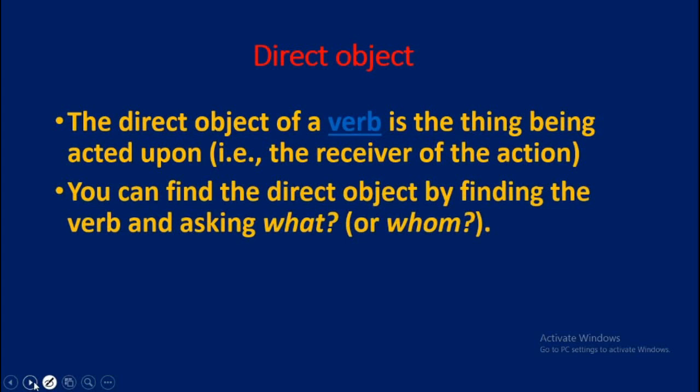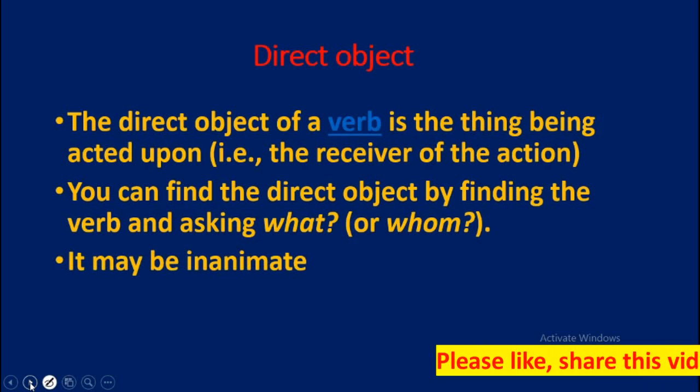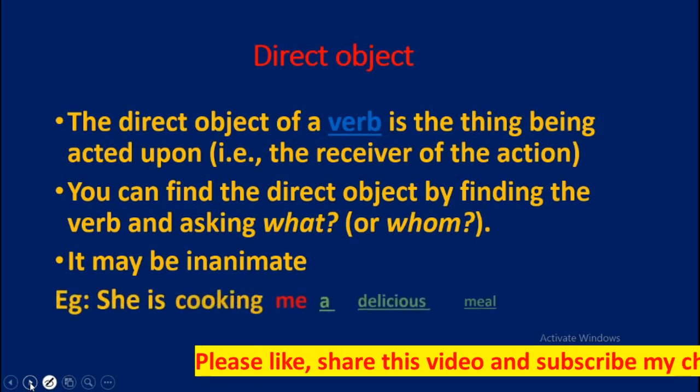You can find the direct object by finding the verb and asking what. When you ask what, you will get that object. This is called the direct object. Usually, the direct object may be an inanimate, non-living thing.